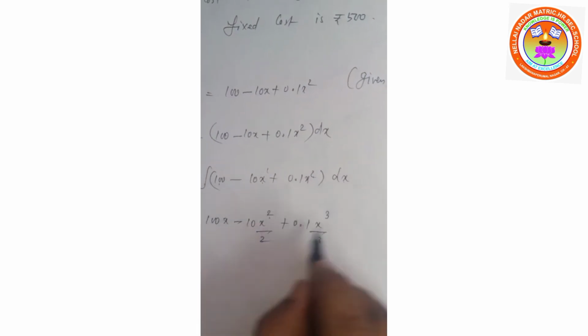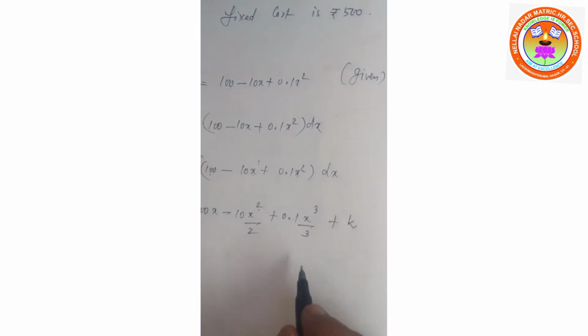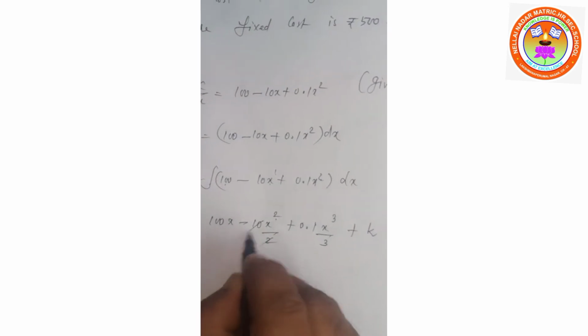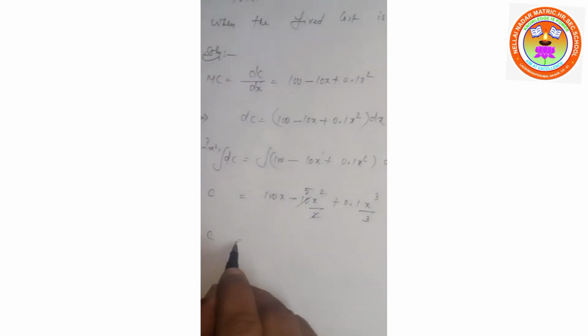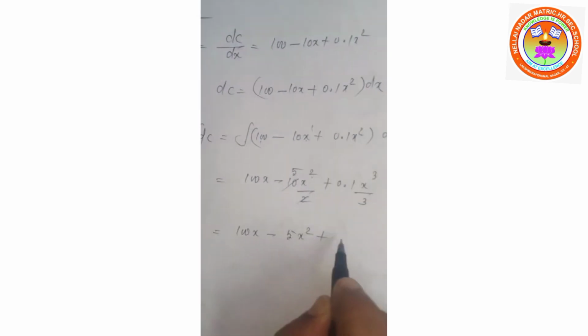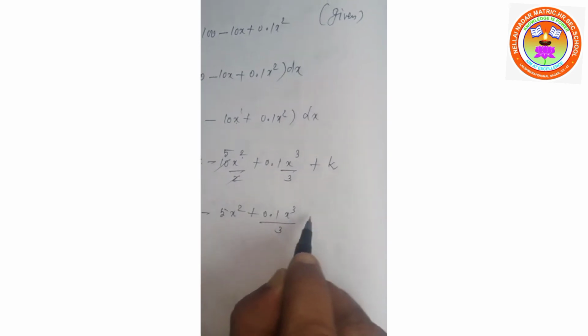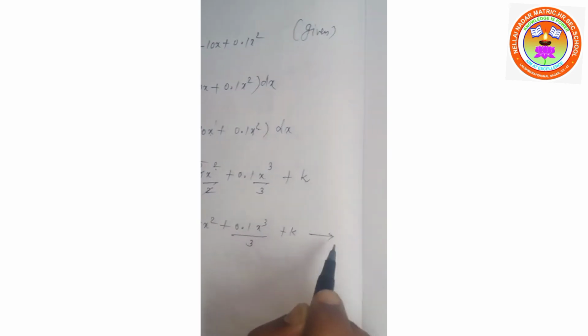Okay, now I have to introduce the constant, let it be k. Divide by 2 table, how many times? 5 times. So c is equal to 100x minus 5x squared plus 0.1 x cube by 3 plus k, let it be number 1.